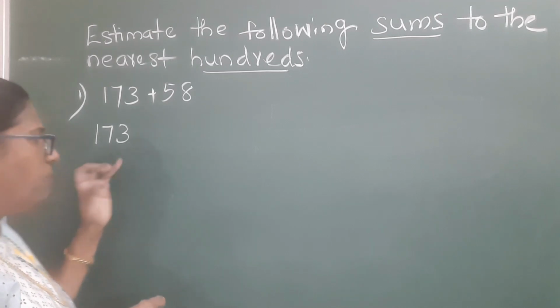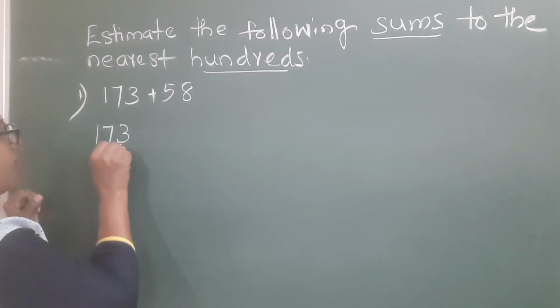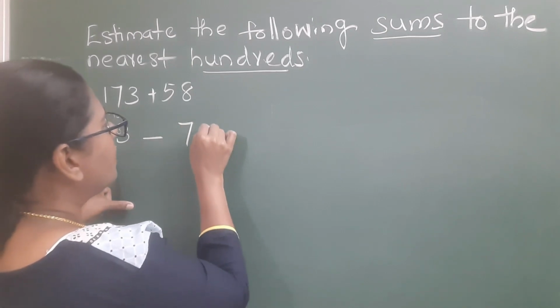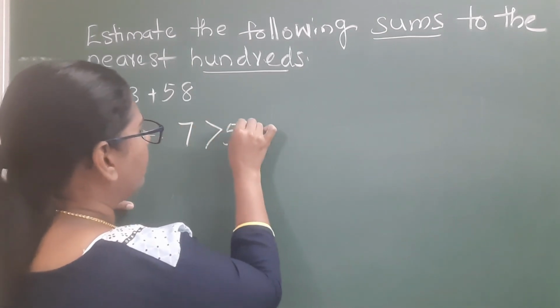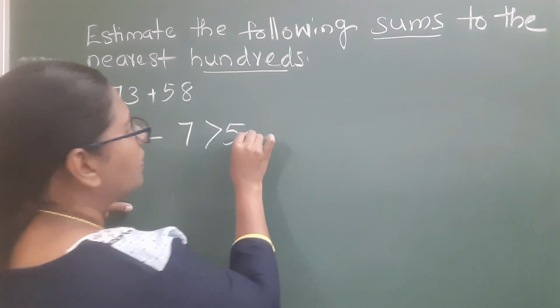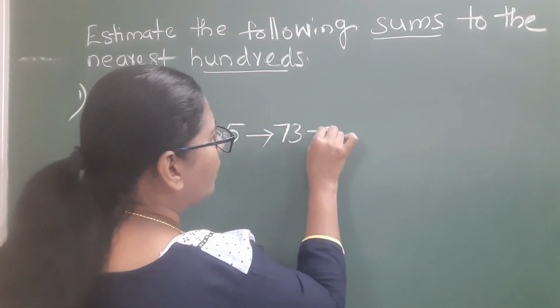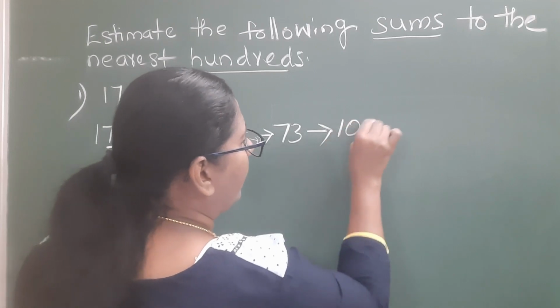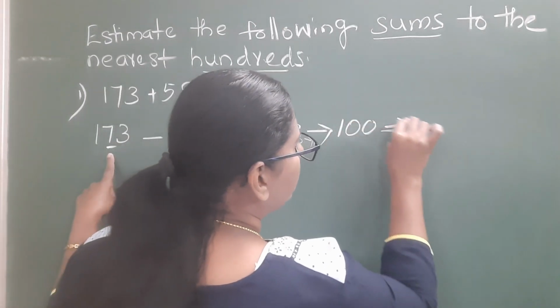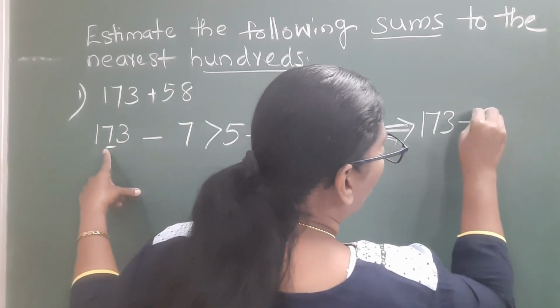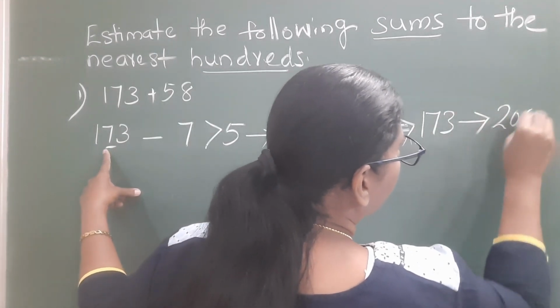So in tens place here 7 is there. 7 is greater than 5. So 73 rounds off to 100. So 173 rounds off to 200.